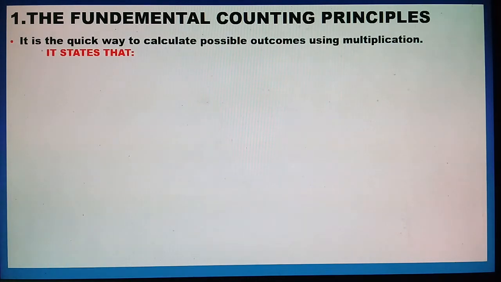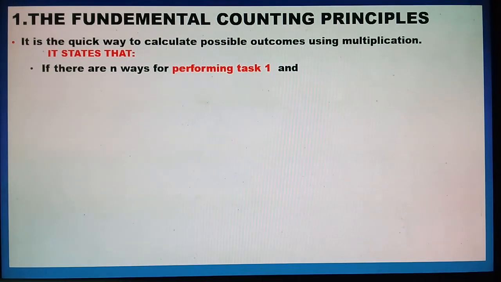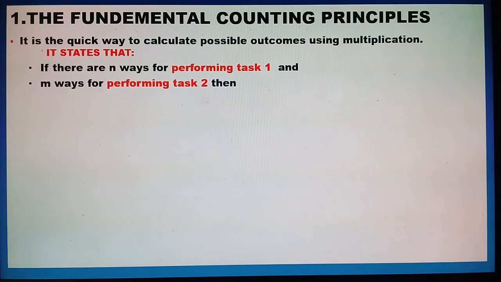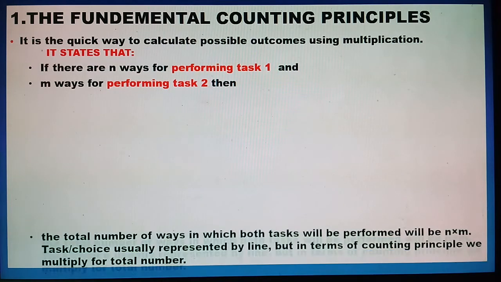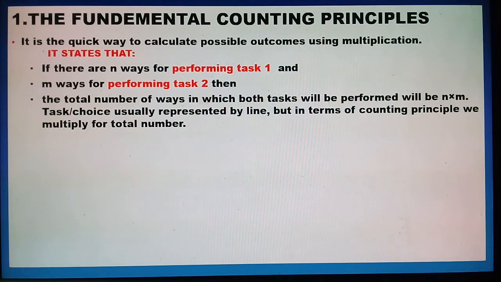It states that if there are n ways of performing task 1, and m ways of performing task 2, then the total number of ways in which both tasks will be performed will be n ways for choice 1 multiplied by m ways for task 2.